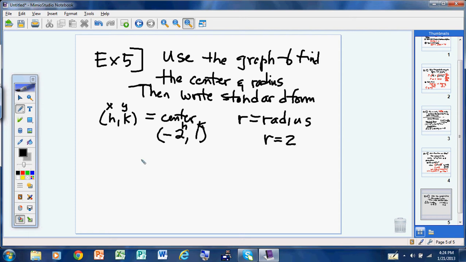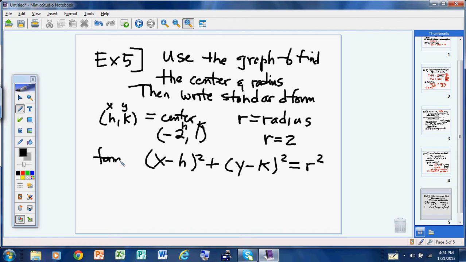Okay, so let's apply it. Our standard form looks like this. Let's substitute those values in. This is going to say x minus a negative 2 squared plus y minus 2 squared.